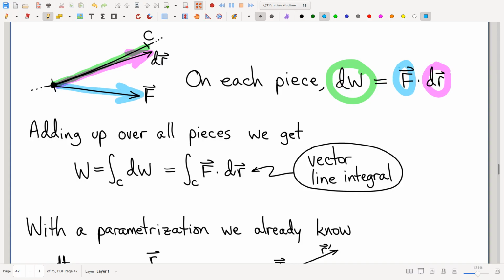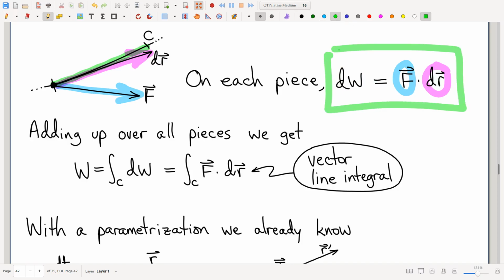That force is F. And on that little piece of curve, dW is F dot dr. And recognizing that work is the sum of the parts, plug in dW equals F dot dr. We have a new kind of integral here. This is a line integral.